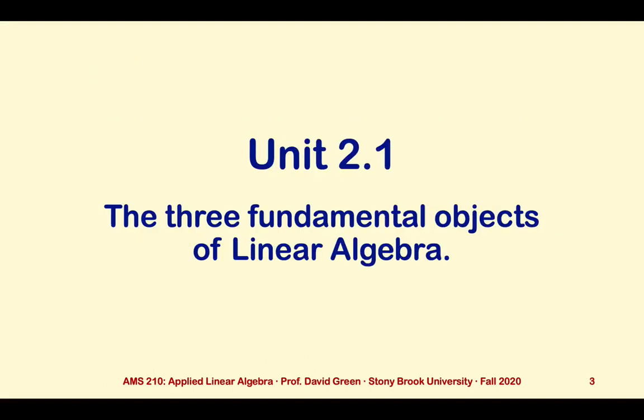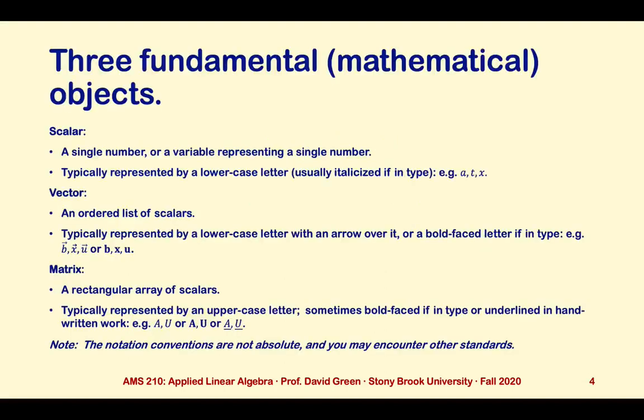We'll start off just introducing what I call the three fundamental objects of linear algebra. These are scalars, which are a single number or a variable representing a single number.